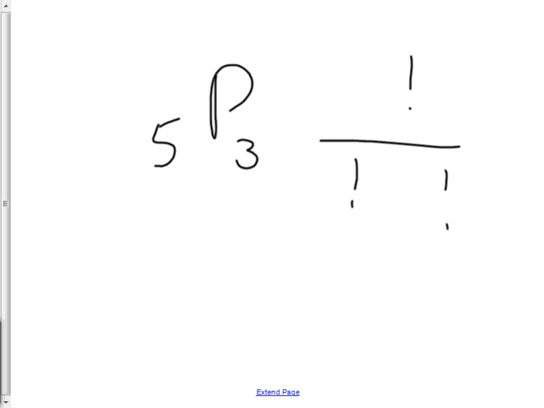Can you remember how to do 5P3 with factorials? That kind of thing. And what that means is, for instance, I have 5 people in a race, and I have places for first, second, and third.